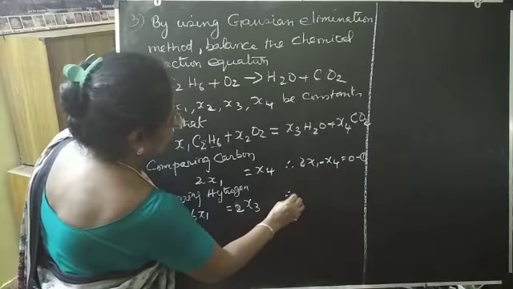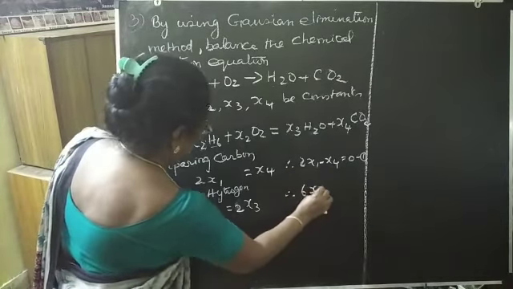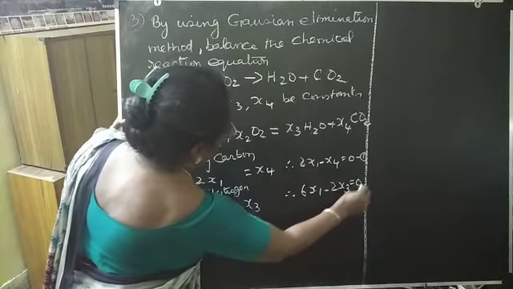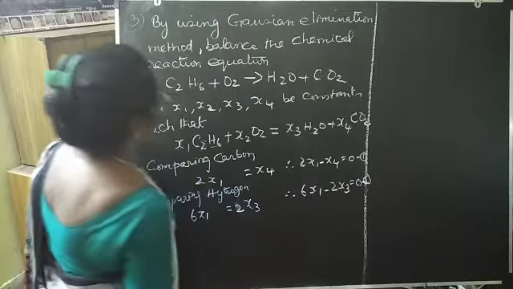Therefore we get 6x1 minus 2x3 is equal to 0. This is going to be the second equation.